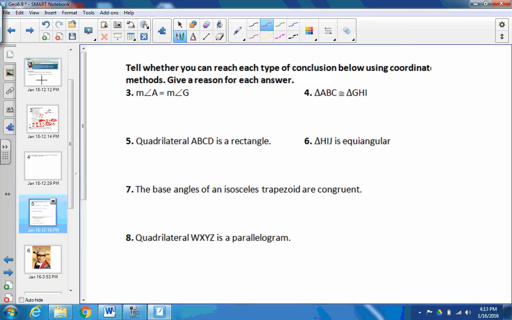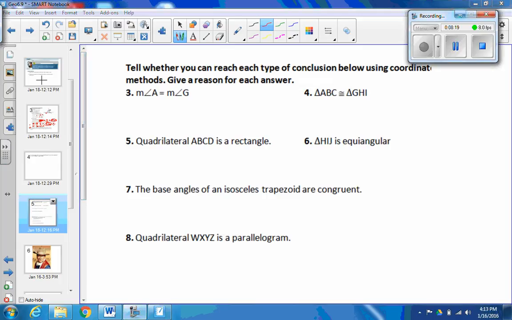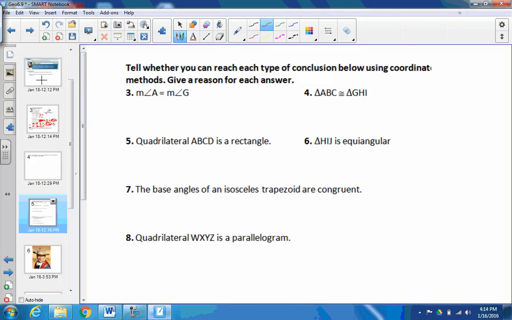All right, there's a few more problems here. It says, tell whether you can reach each type of conclusion below using coordinate methods. Give a reason for each answer. So, using our coordinates like we just did, could we somehow prove that two angles are the same? Yes.